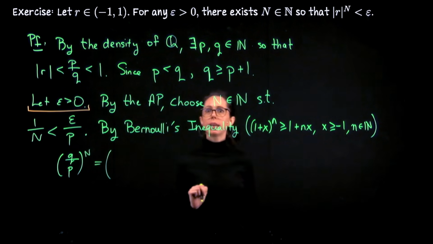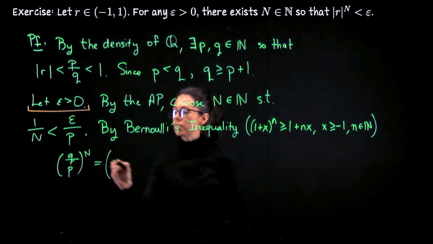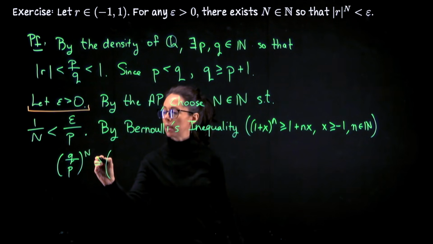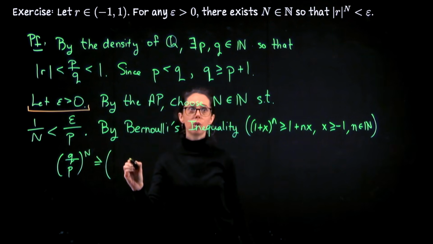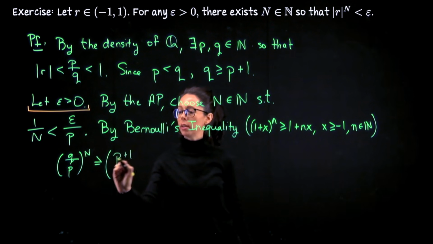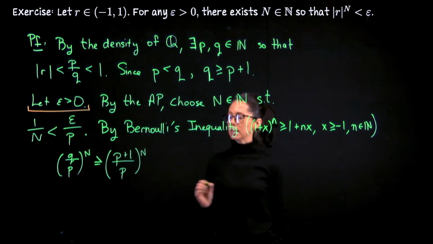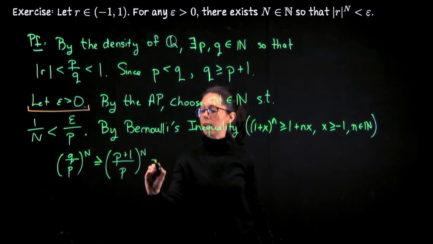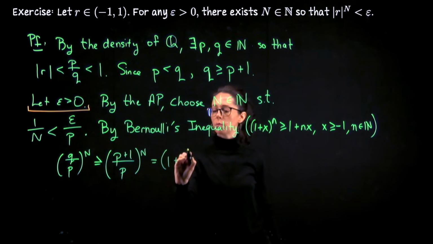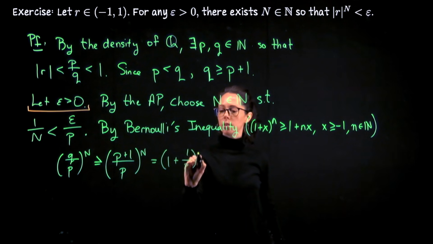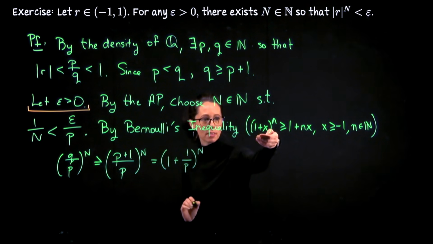Well, q is greater than or equal to p plus 1. So actually, let me go down in size and replace this numerator with p plus 1 over p. And now let's take this numerator and split this up into (1 plus 1 over p) to the n. Now this looks exactly like this.